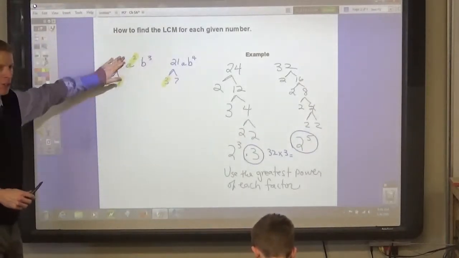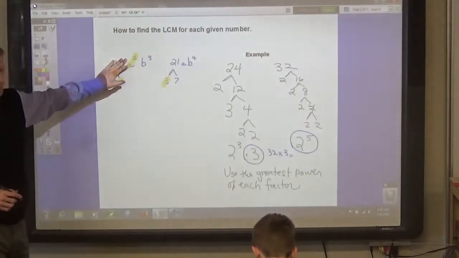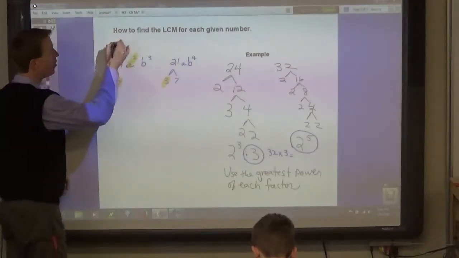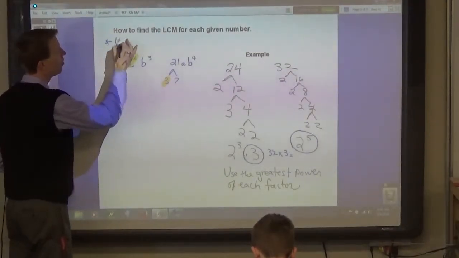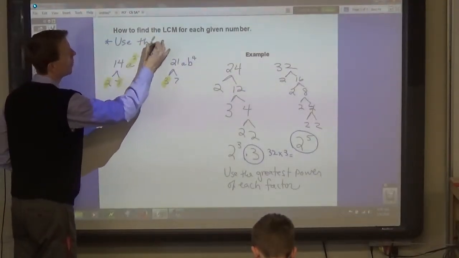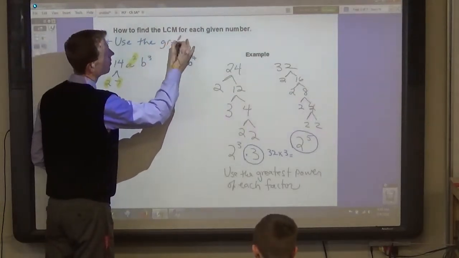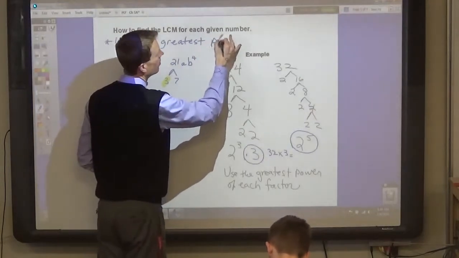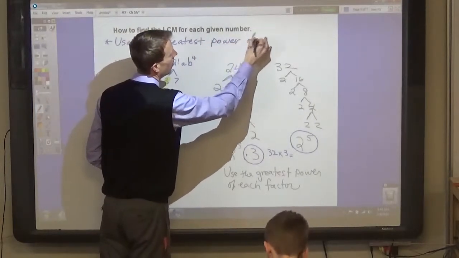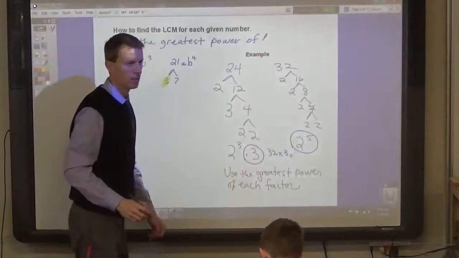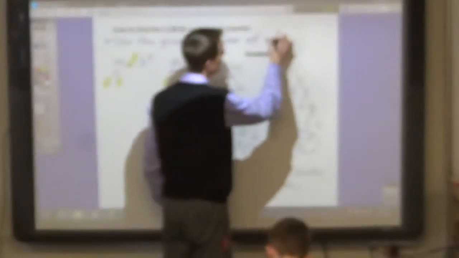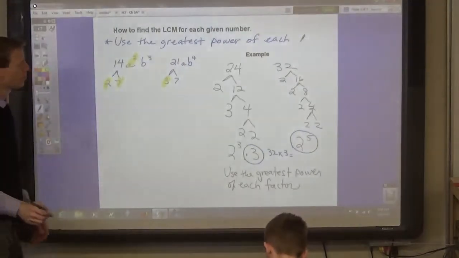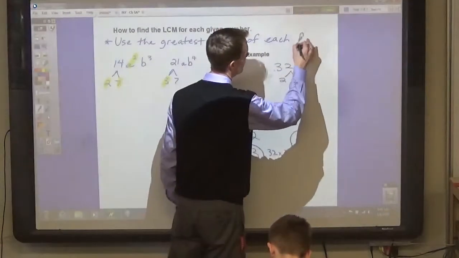Then you might have to use this method, and it's to factor the numbers and then use, write this down, the greatest power of each factor.